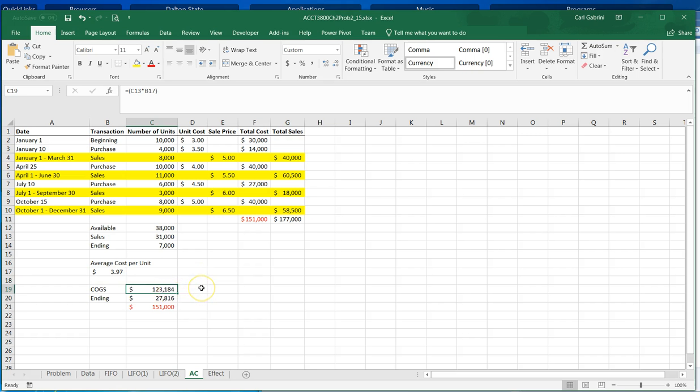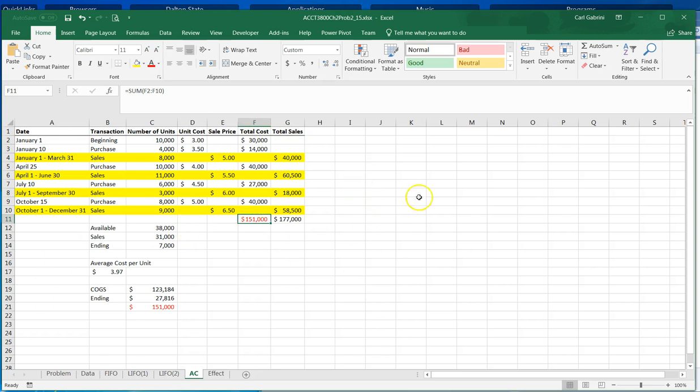And so we end up with a cost of goods sold of $123,184. The ending inventory is 7,000 units, and it's at the same $3.97 per unit. That's the average cost for the period. Add those together, $151,000 matches the total cost, $151,000. Bingo, we're in business. Again, this is assuming periodic.